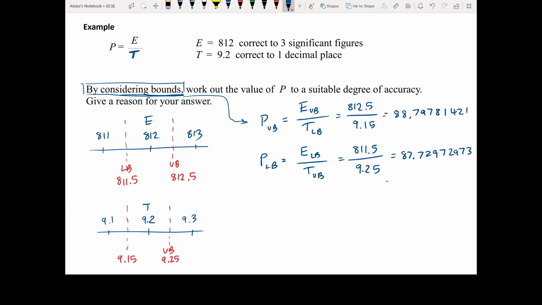Now, we've written down the upper bound and lower bound value for p. We need to now consider, to a suitable degree of accuracy, what this value of p is.